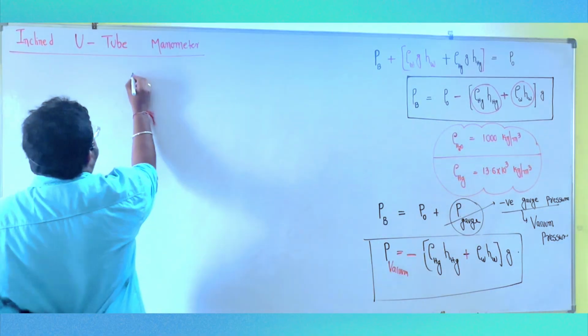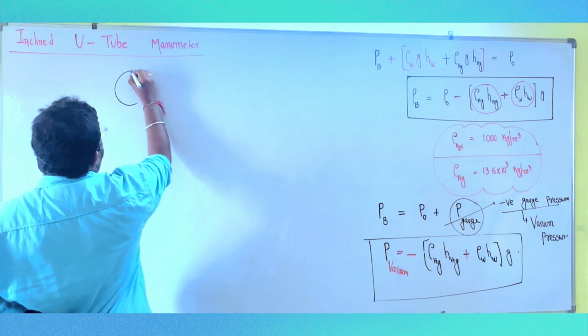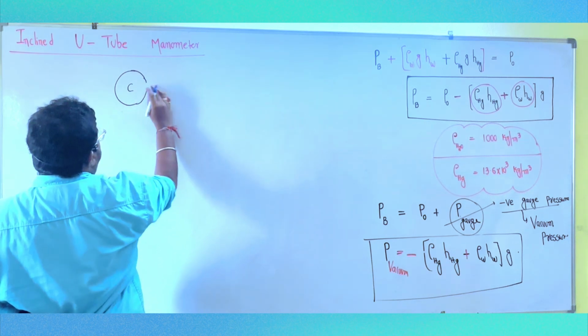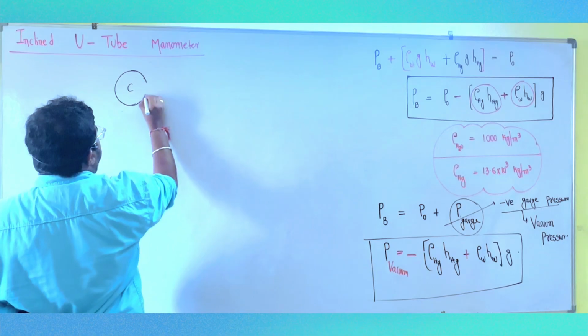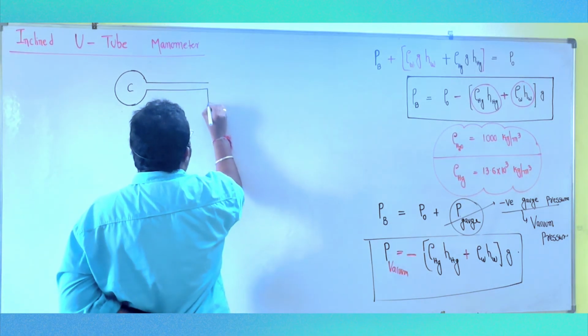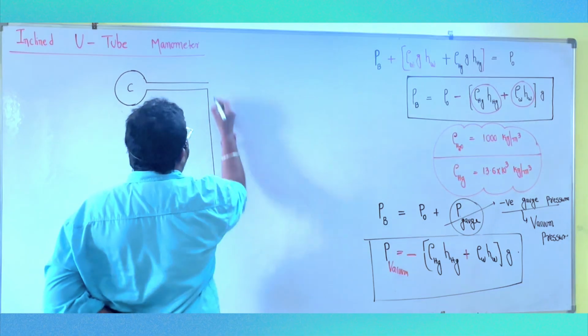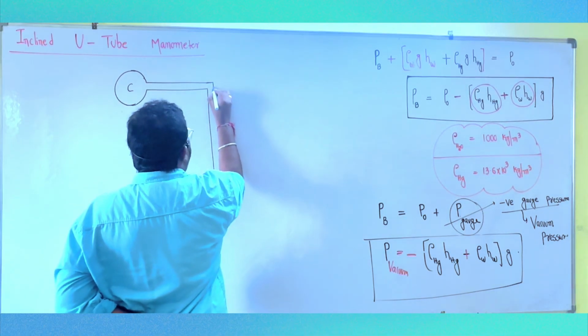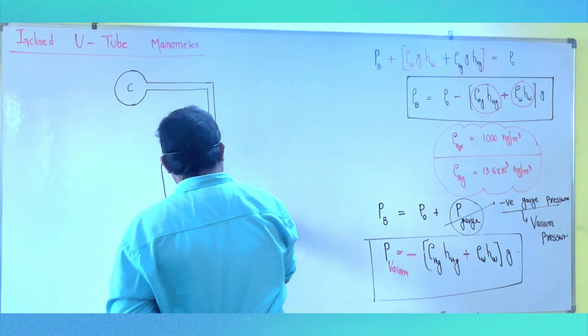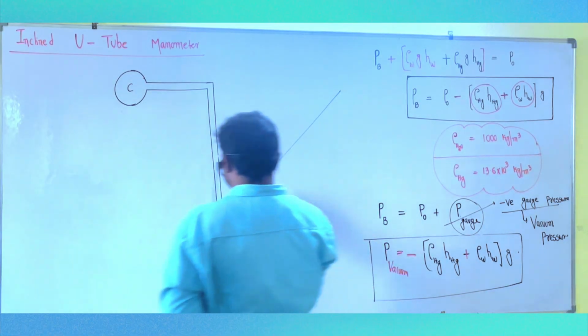So, in the same manner, I am interested to calculate the pressure at cross section C. Here to here, inclined U-tube manometer, one limb made inclined.